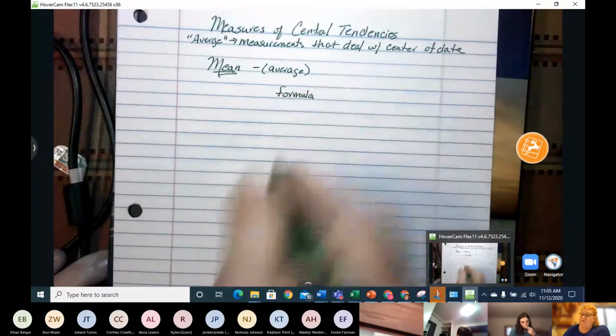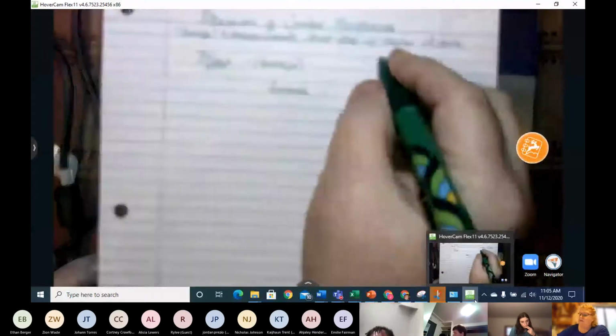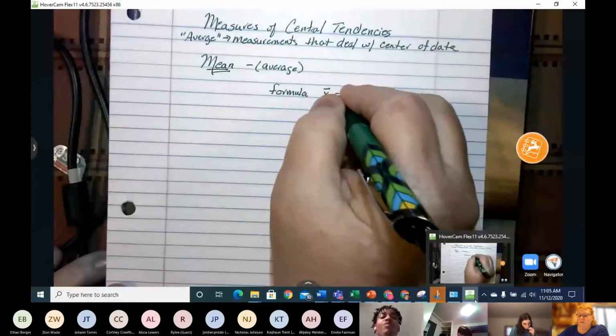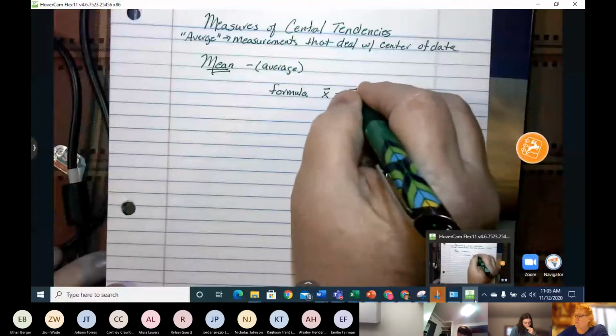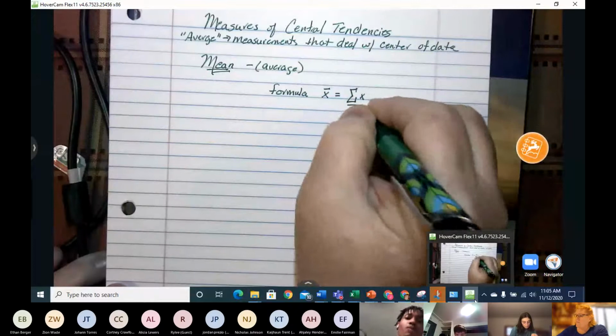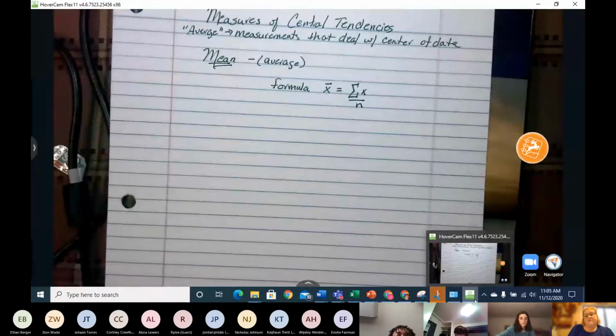And for many folks, that's what makes statistics look complicated, is the formulas that are used. And so there's your first formula. That's a formula for finding the mean.